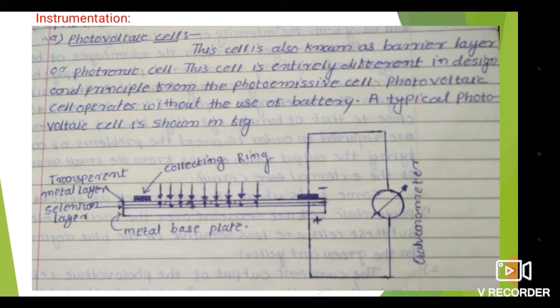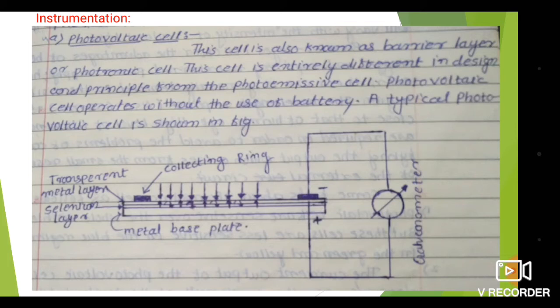The accumulation of the electrons on the silver surface creates an electrical voltage difference between the silver surface and the base of the cell. And if the external circuit has low resistance, about 400 ohm or less, a photocurrent will flow, which is directly proportional to the intensity of the incident radiation beam.